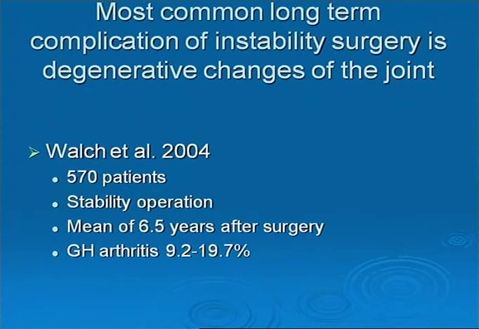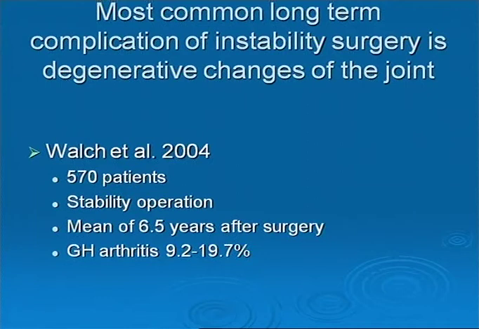I said the most common long-term complication of instability surgery is degenerative change of the joint. Gilles Wallish: 570 patients were operated with different kinds of instability repair, at a mean of about 6 years after surgery.